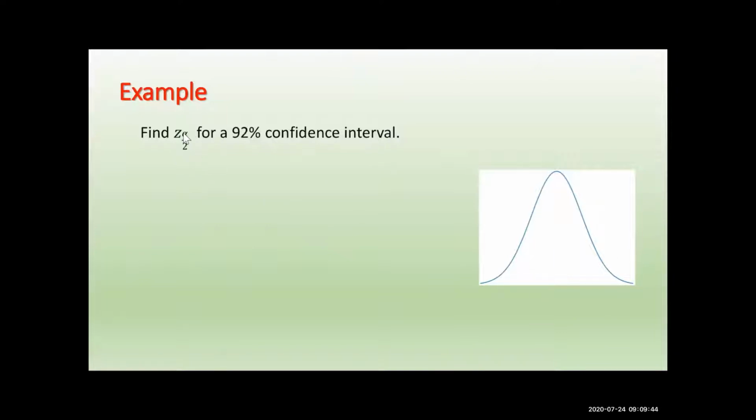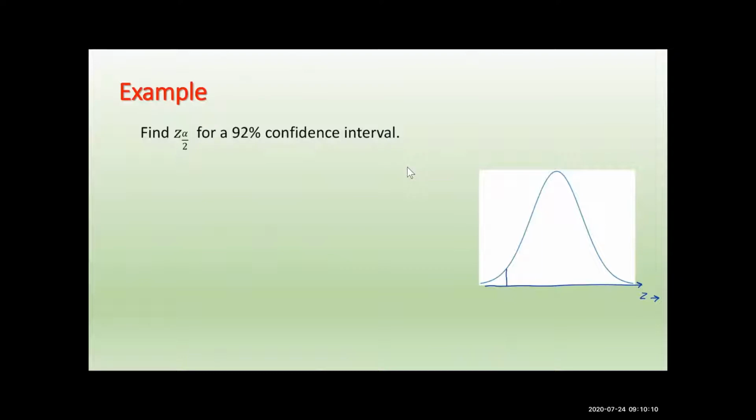That's why the scores are Z scores. Along the x-axis you have your Z scores, and your distribution is a standard normal distribution. Now, when we say 92% confidence interval, that is our middle 92%.